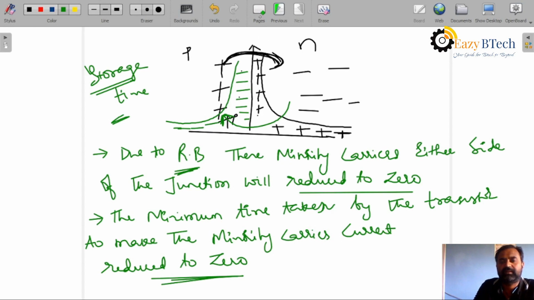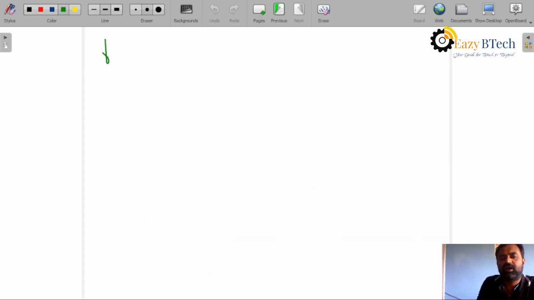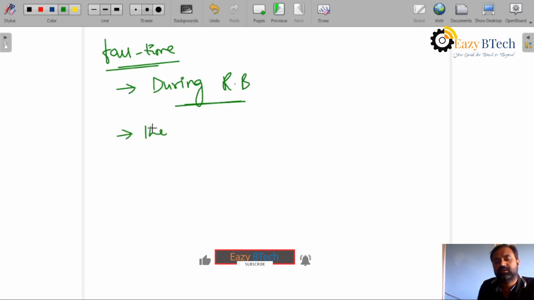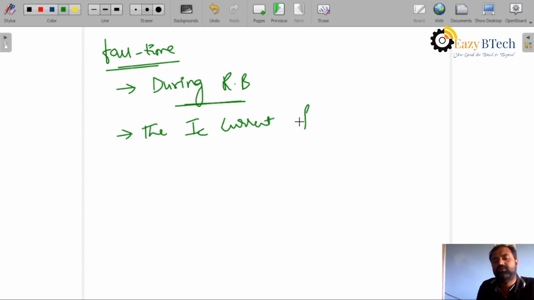Next, fall time. During reverse bias, the IC current falls from 90% to 10% of IC sat.